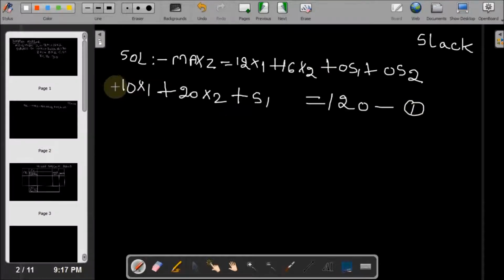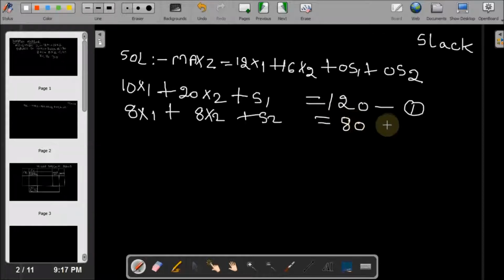In the same way I add slack variable s2 for my second constraint: 8x1 plus 8x2 plus s2 is equal to 80, and I can call this equation 2.